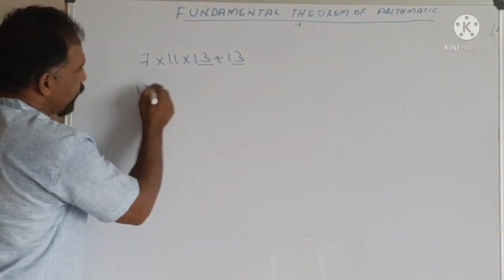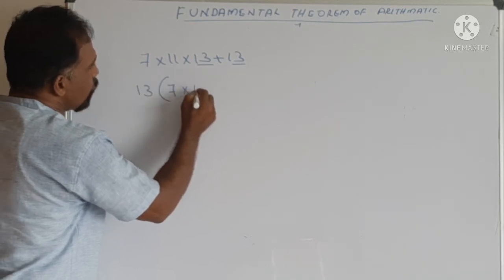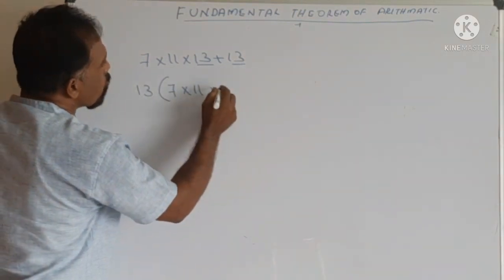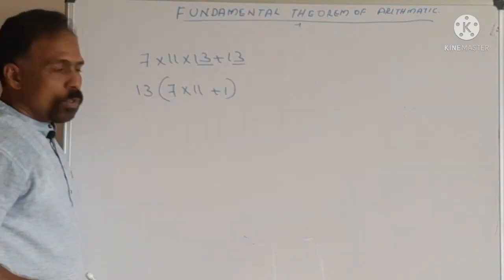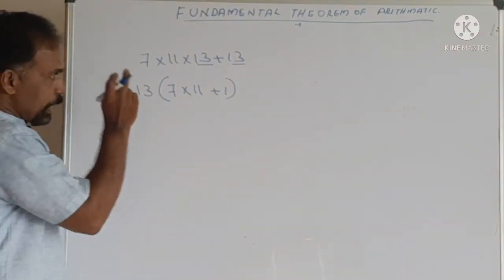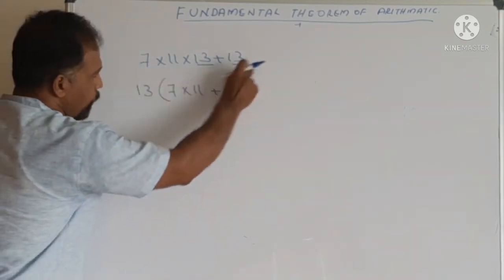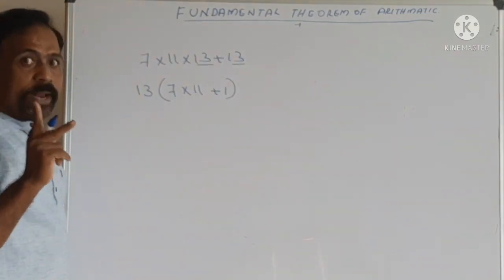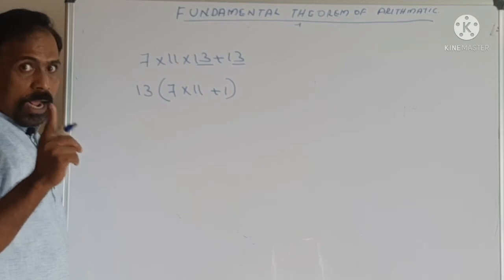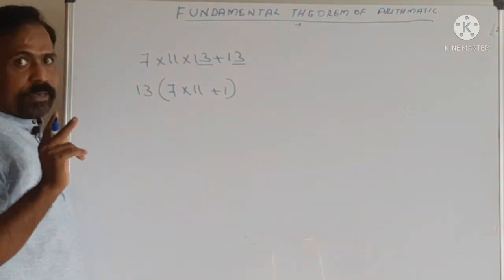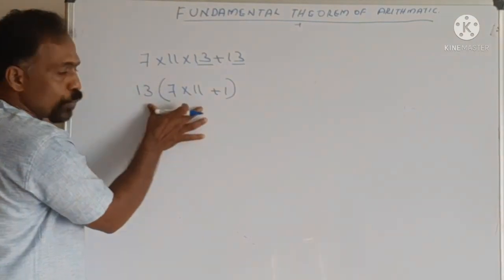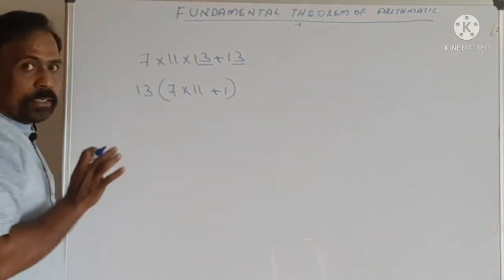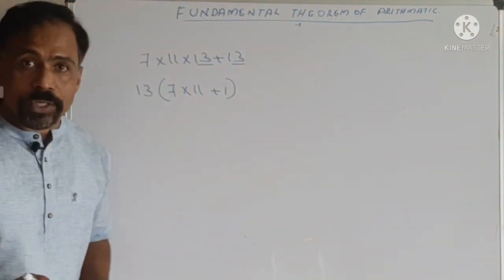So, 13 we can take out: 13 into (7 into 11 plus 1). So, this number has another factor other than 1 and the number itself. Hence, because it is a product of two numbers, this number is a composite number.